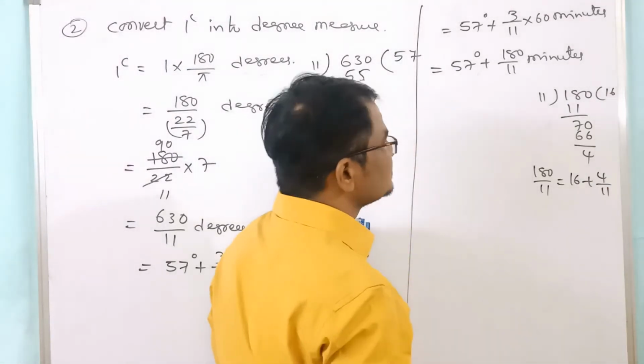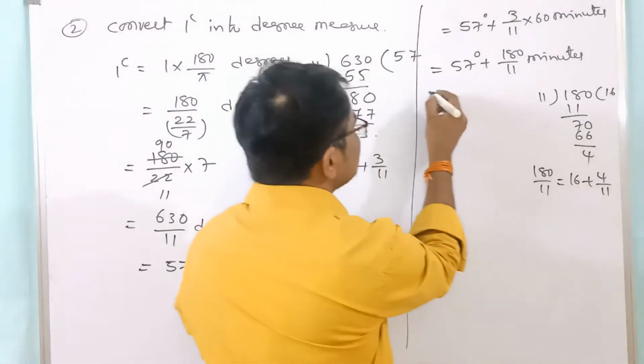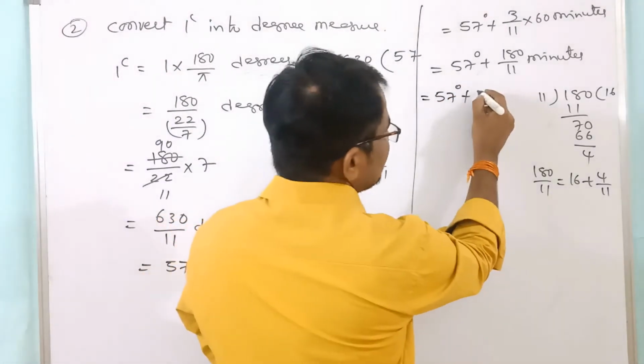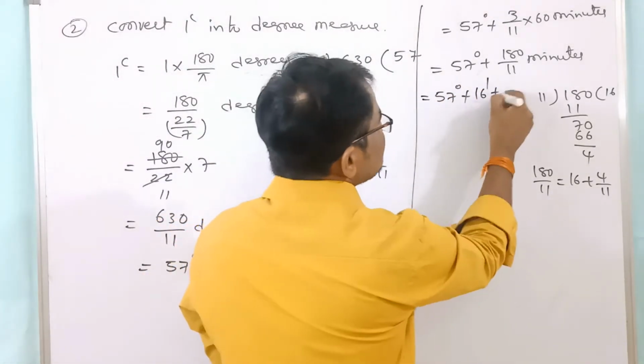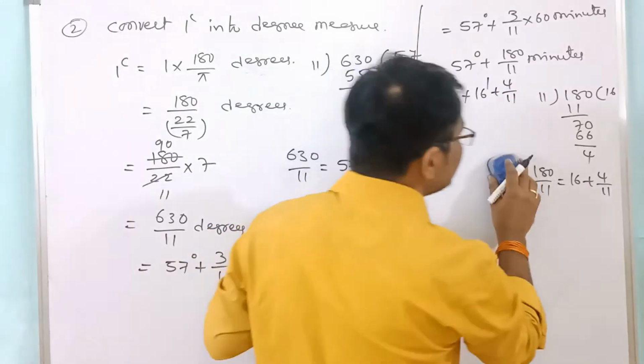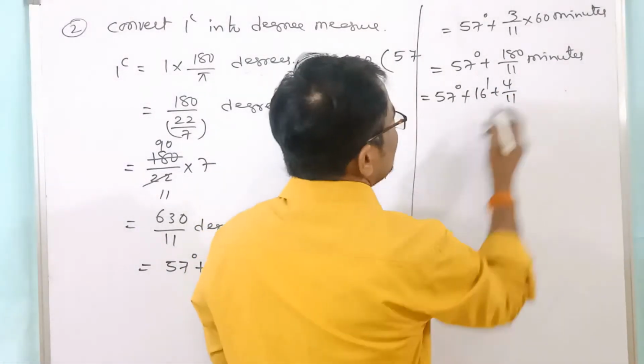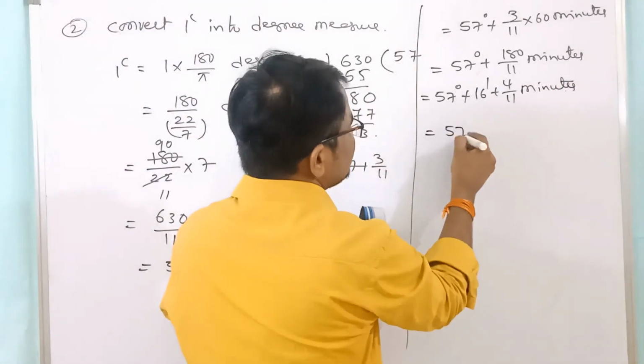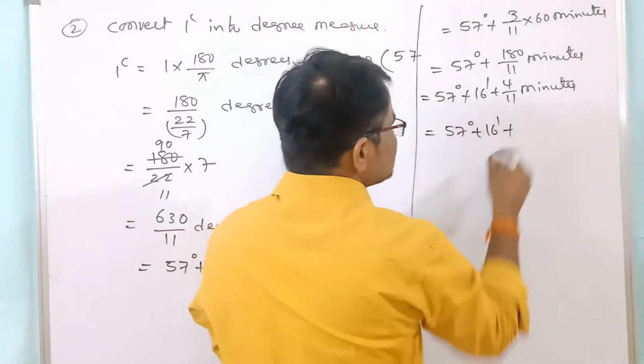Quotient plus remainder by divisor, that is equal to 57 degrees plus 16 minutes plus 4 by 11 minutes, that is equal to 57 degrees 16 minutes.